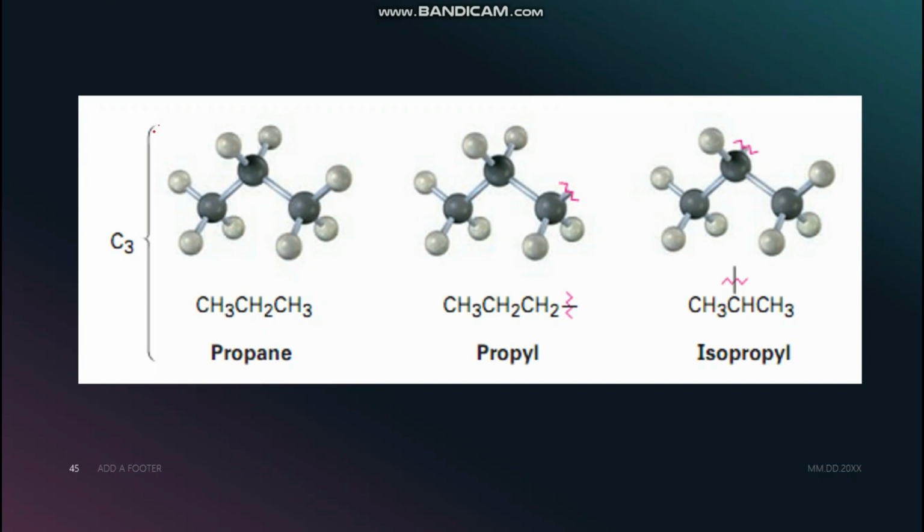So these are the three possible isomers or structural formula of propyl. Okay, so just as straight chain alkyl groups are generated by removing a hydrogen from an end carbon, yung branch alkyl groups are also generated by removing a hydrogen atom from an internal carbon.